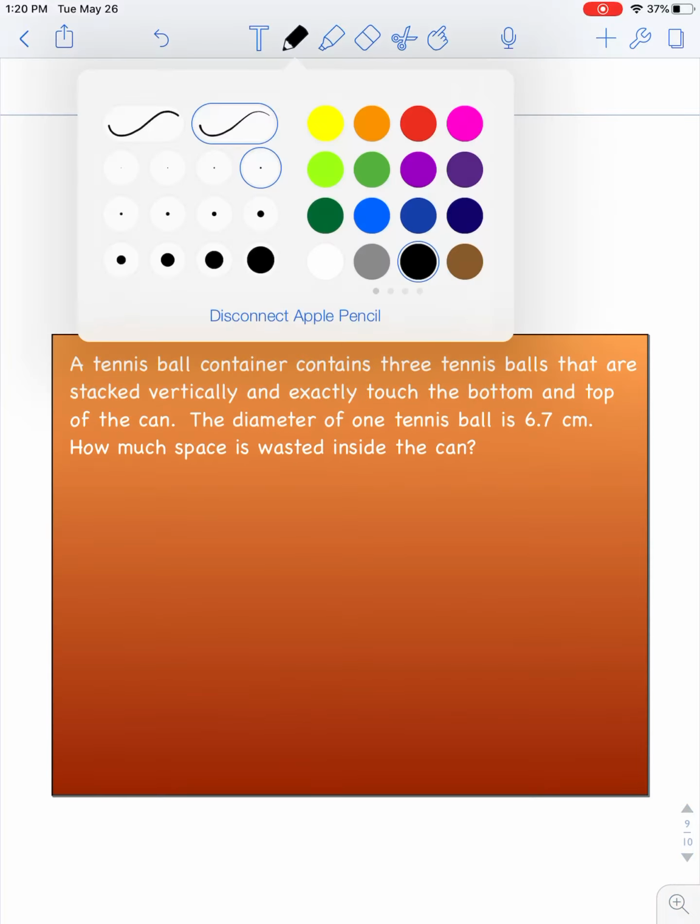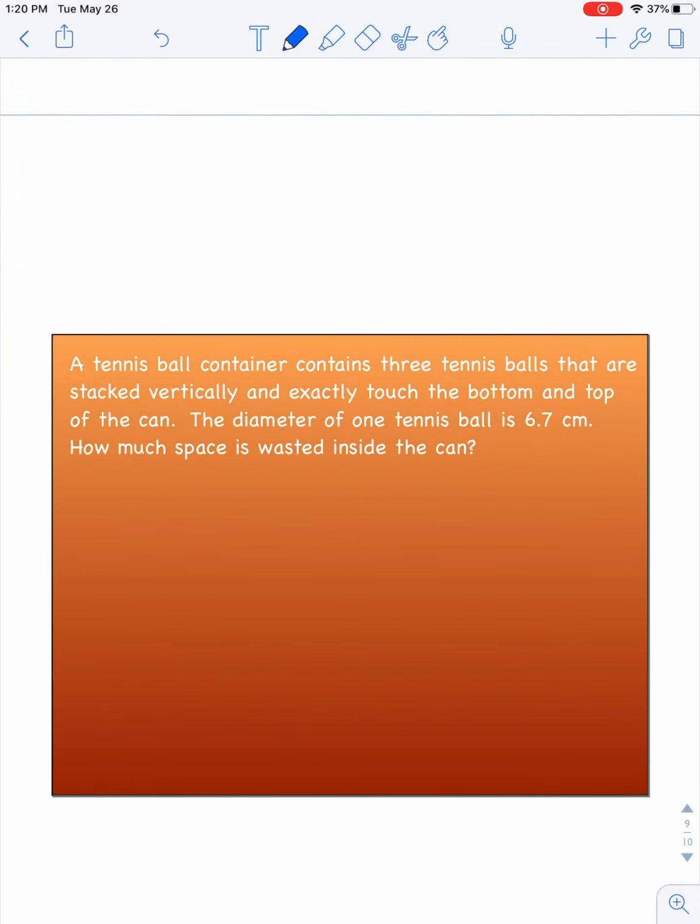There's also this one, which is a little interesting to think about. A tennis ball container contains 3 tennis balls that are stacked vertically and exactly touch the bottom and top of the can. It gives you the diameter of one tennis ball is 6.7 centimeters. How much space is wasted inside the can?